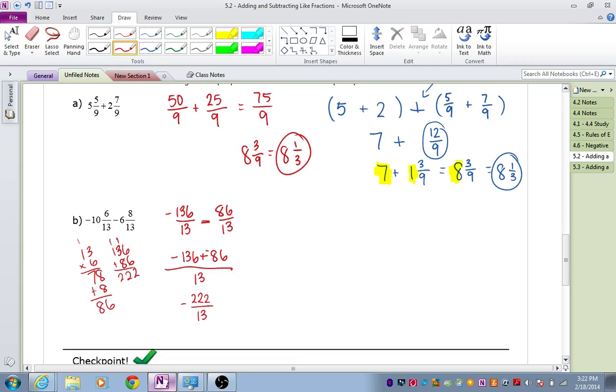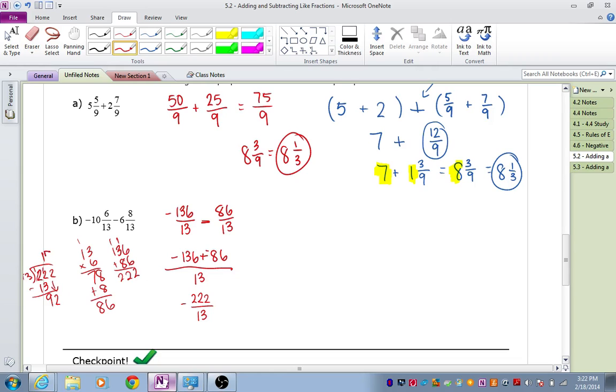And now we need to change this into a mixed number, and I need a little bit more room here. So we're going to say 222 divided by 13. Well, 13 goes into 22 one time. Okay, we get a remainder of 9. Bring down the 2. 13 goes into that.